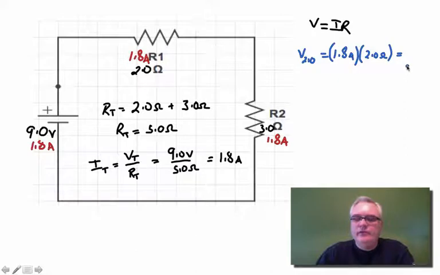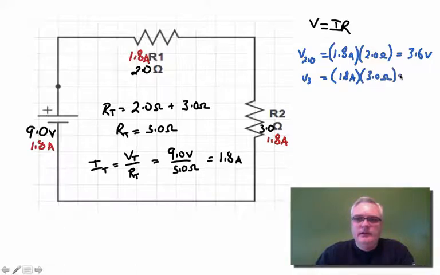So I have a total voltage there of 3.6 volts. And in my 3 ohm resistor, again I have 1.8 amps in 3 ohms. So I end up with 5.4 volts. So I now know the voltage in each of these.